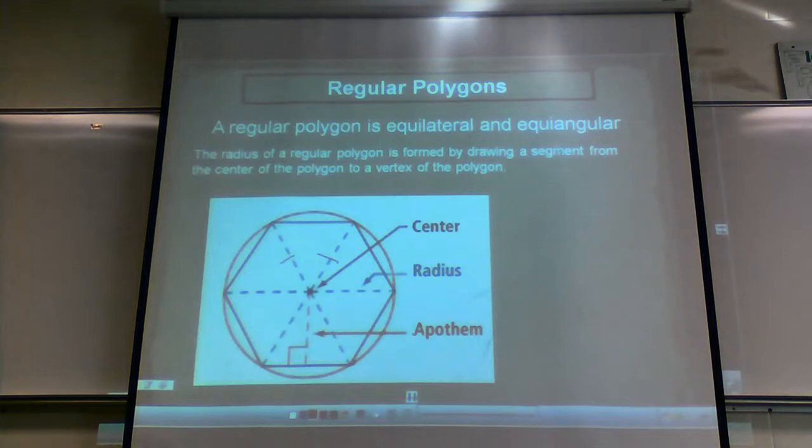Since tomorrow we're going to get into sine, cosine, and tangent, one of the things you have to be able to do is find the angle measures in here. I'm going to mark them all with an X, because if this is a regular polygon, all these angles are congruent to each other.